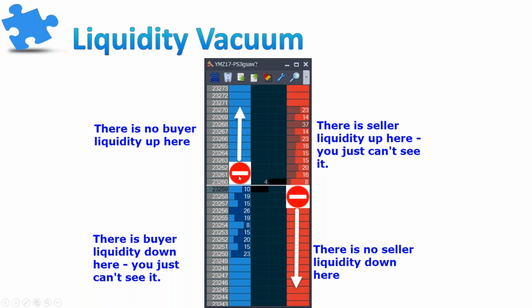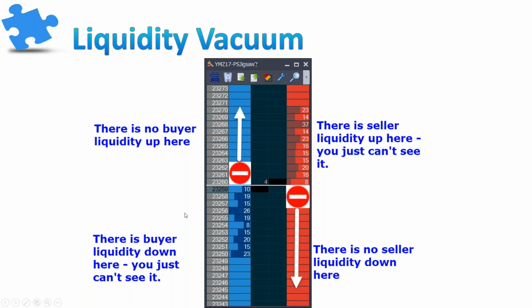But there is no buy side liquidity above the current price. Really, really important. Now, on the sell side, there's seller liquidity above us. But again, you can't see it. It's going up hundreds and hundreds of prices, but we just don't get it on the feed. And you don't need it on the feed. The day you need 100 prices on your dome is the day you should stop trading. But below us, there is no sell side liquidity below the current price.